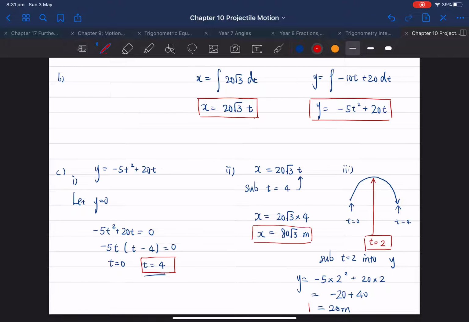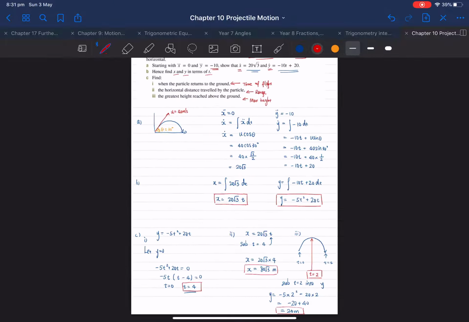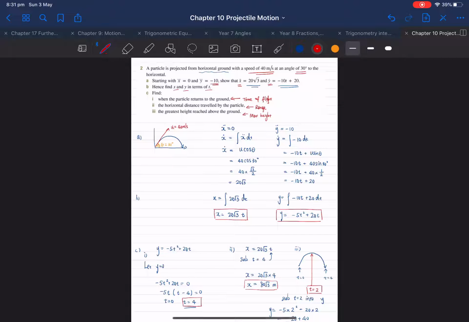That's the greatest height, the furthest vertical distance that the particle has traveled, which is 20 meters. So this is a standard question, really simple.